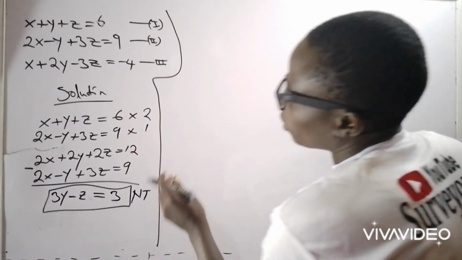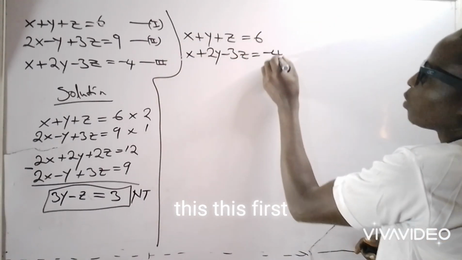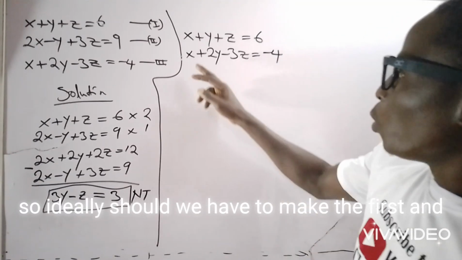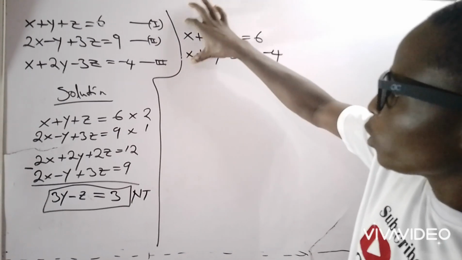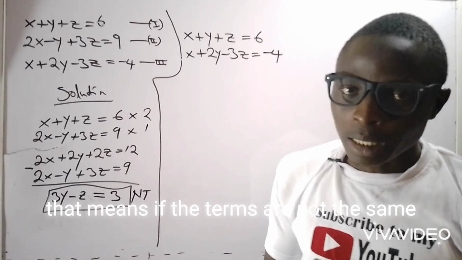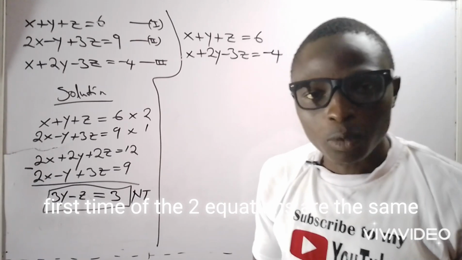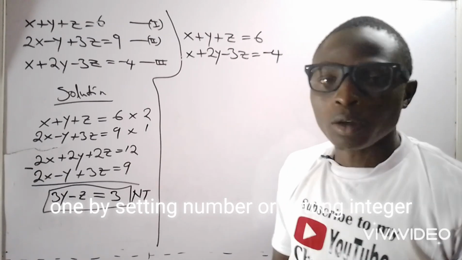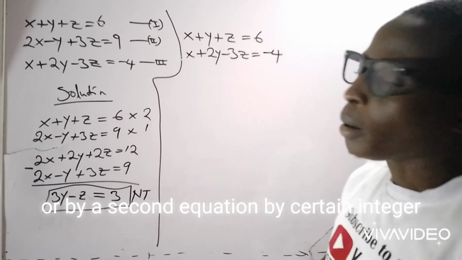Equation 1 says x plus y plus z equals 4. Ideally we have to make these first terms the same. In this case we can see that the first terms of the two equations are the same, so there is no need of multiplying one equation by a certain integer.